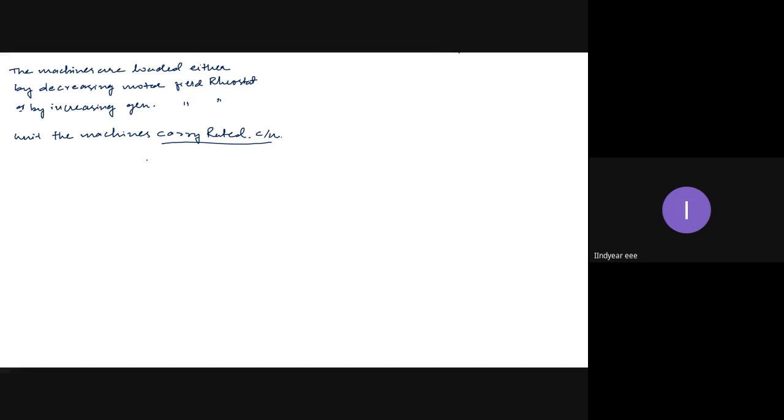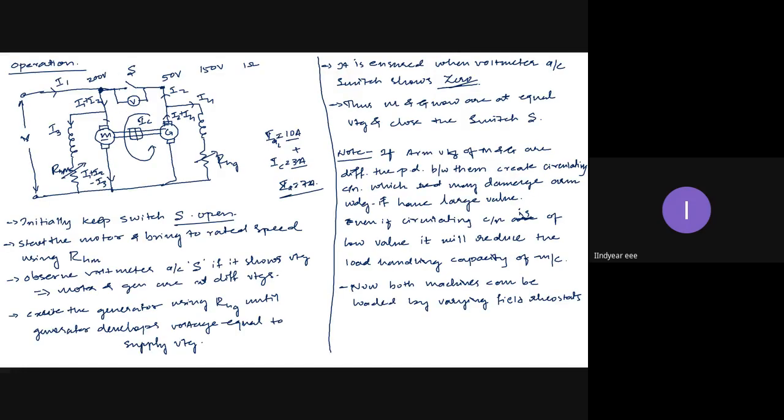Now in this mode, as I have already mentioned, the generator is taking input from the motor and the motor is taking input from the generator. These two are taking power from each other to develop the output, and the amount of power required to satisfy the losses in both the machines is taken from the supply.